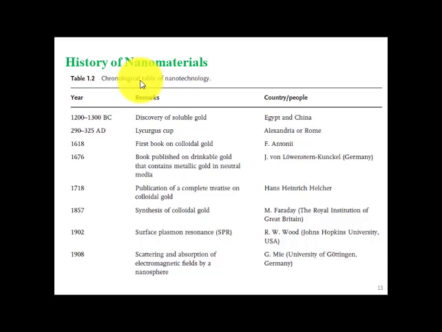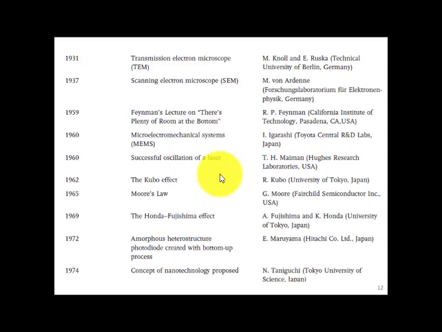In this history, we will also see the different instruments which have been used for the analysis and characterization of nanoparticles. Like in 1908, scattering and absorption of electromagnetic fields by nanospheres happened. Then in 1931, the transmission electron microscope was discovered, and in 1937, the scanning electron microscope.